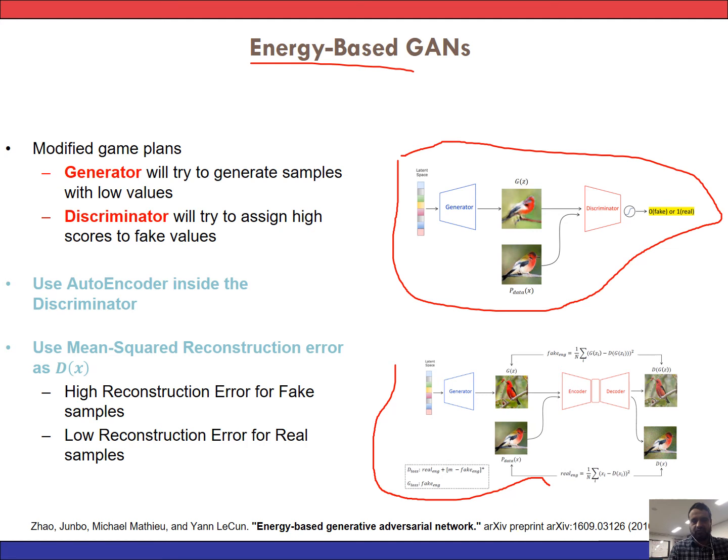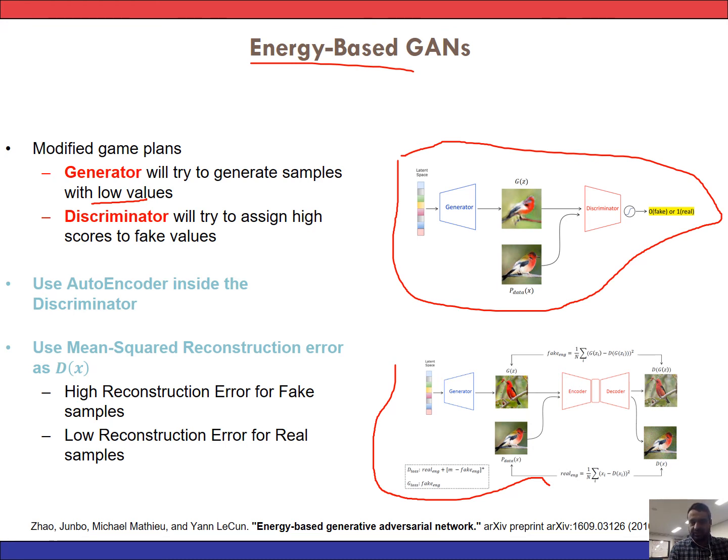Actually, the generator wants to generate realistic output, and the real images have label 0. So the generator will try to generate samples which can generate the 0 output in terms of the discriminator. And what will the discriminator try? The discriminator will try to assign high values to the images that are generated by the generator.